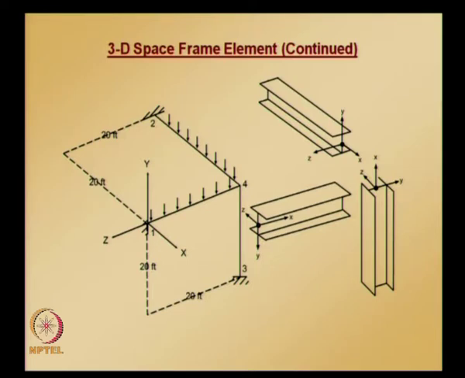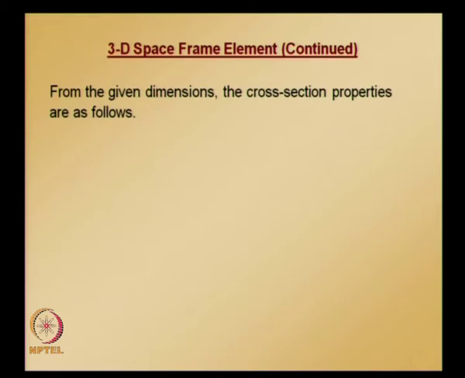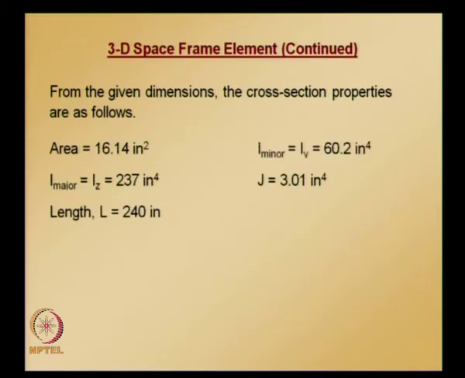So, now let us proceed with this information, and from the given dimensions and cross sectional properties, and also if you see each of these members, the y axis is the minor axis and the z axis is the major axis.